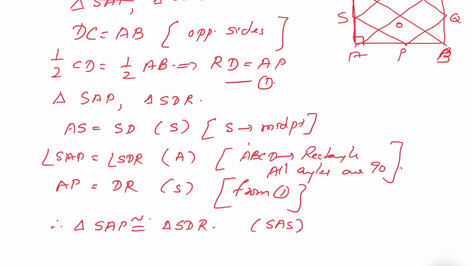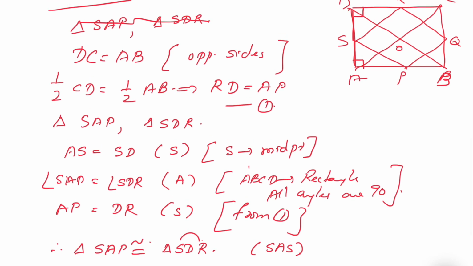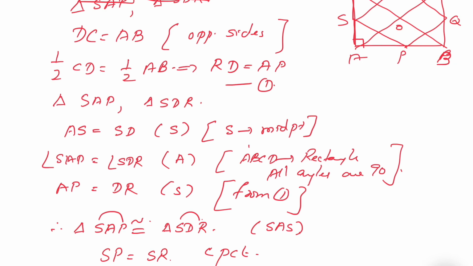Therefore SP equal to SR by CPCT. So again, write down the same thing: if the adjacent sides of a parallelogram are equal, then it is a rhombus.